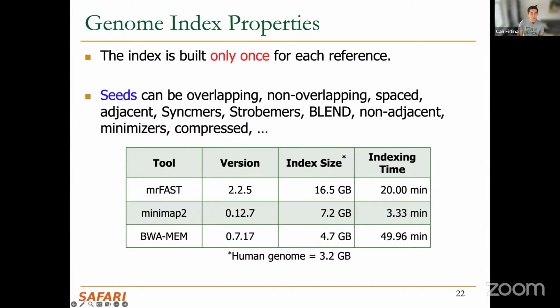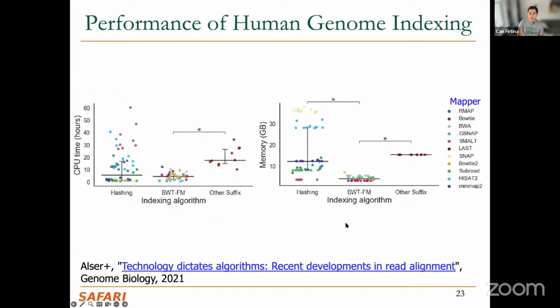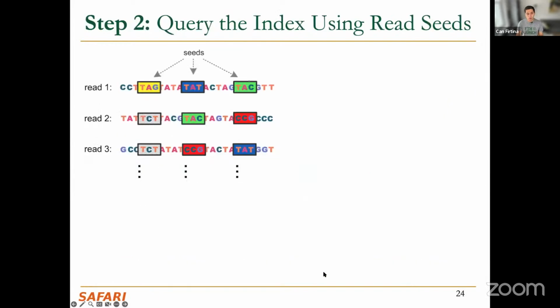So there are different indexing techniques. They have different trade-offs in terms of their seeding time, meaning how long it takes to query that index to identify the seed matches, and how large the index is, etc. I'm not going to go into too much detail, but you can check this paper to learn more about it.